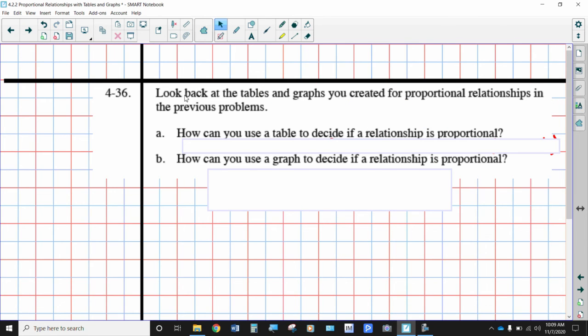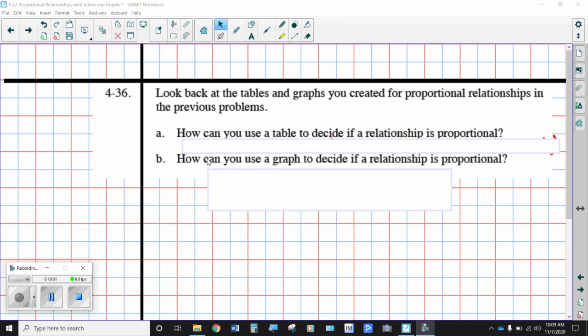All right, so look back at the tables and graphs you created for proportional relationships in previous problems. How can you use a table to decide if a relationship is proportional? And how can you use a graph to decide if a relationship is proportional? Take a second to think about that. I'll go ahead and pause so you can formulate your ideas.